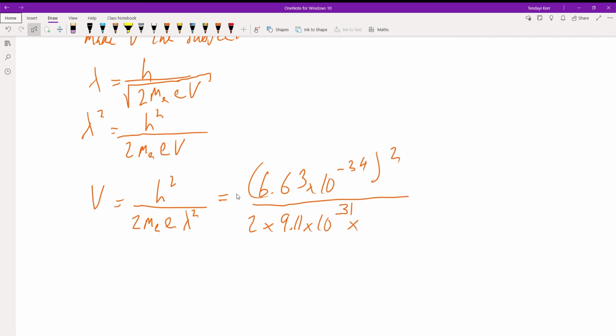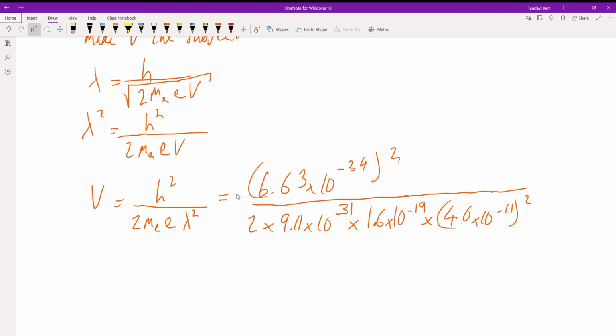Charge on the electron is 1.6 times 10 to the minus 19. Again, that's on your formula sheet. And lambda, given in the question, is 4 times 10 to the minus 11, so that needs to be squared as well. Then just put that all in your calculator.